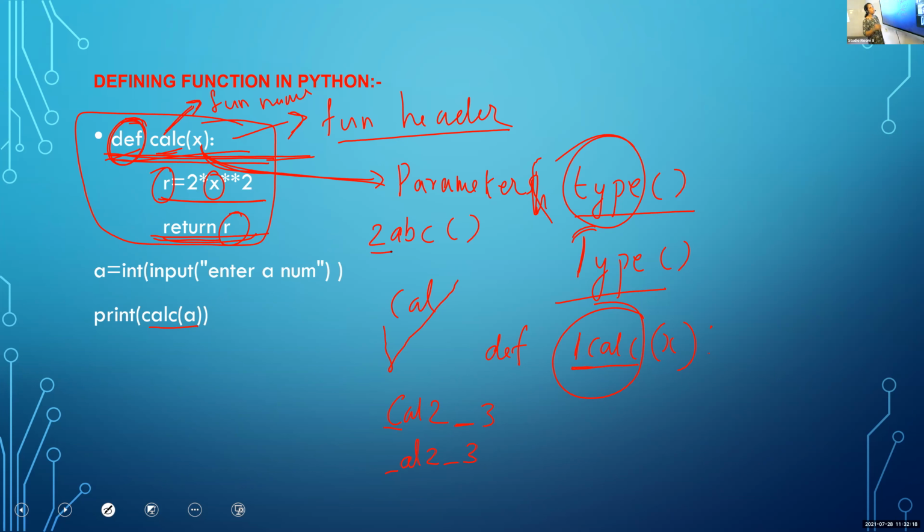We cannot begin with a digit in the case of a function name or identifier name. Is it clear, Aryan? Yes, ma'am. Okay. If I write underscore A, it is also valid. One more thing, we cannot use a keyword as an identifier name or function name.